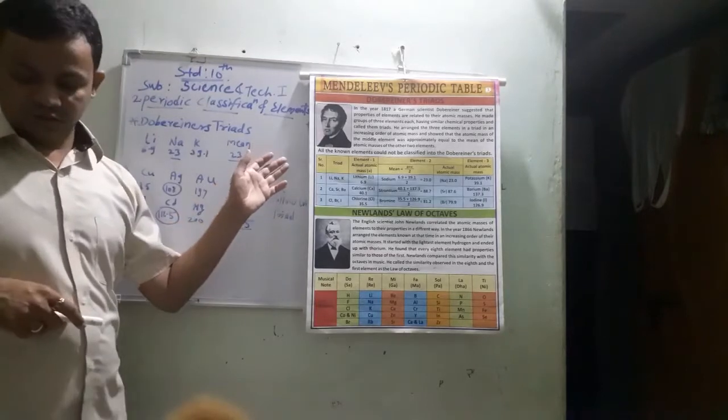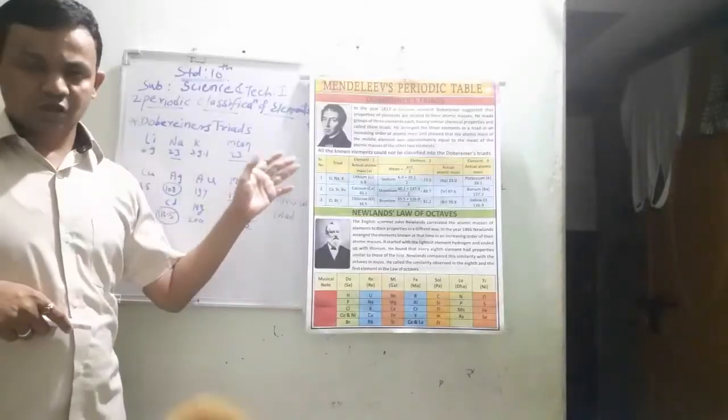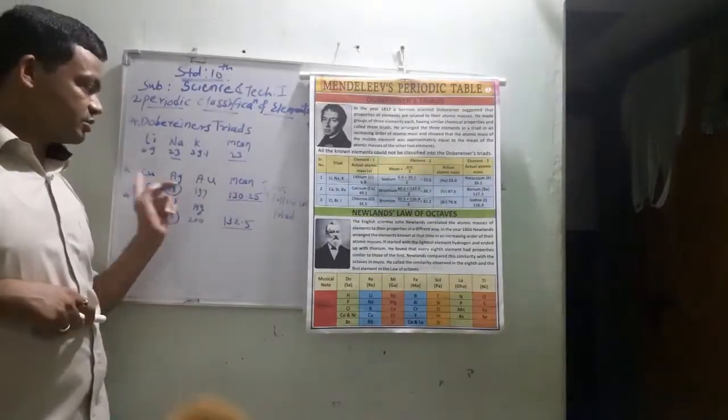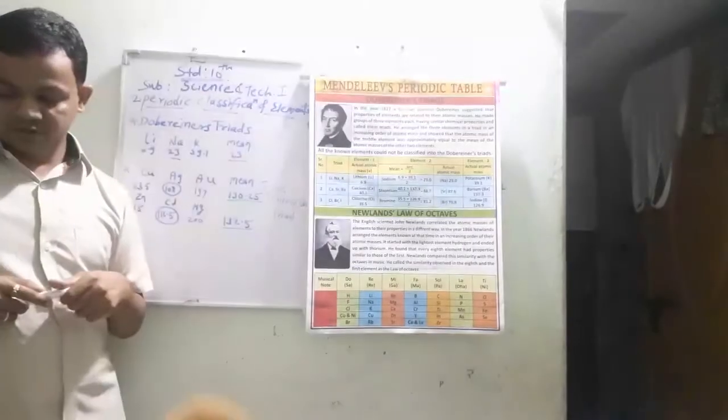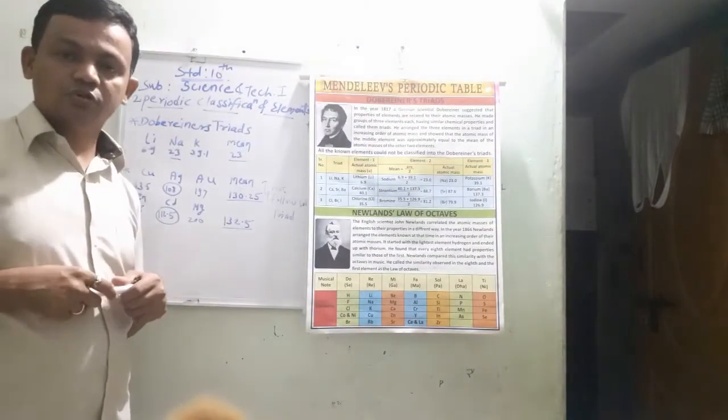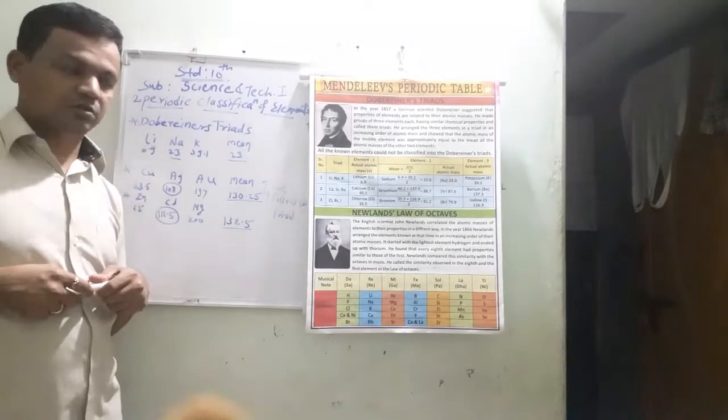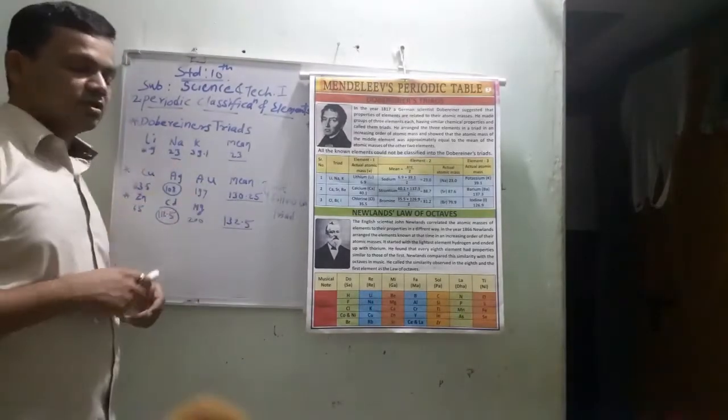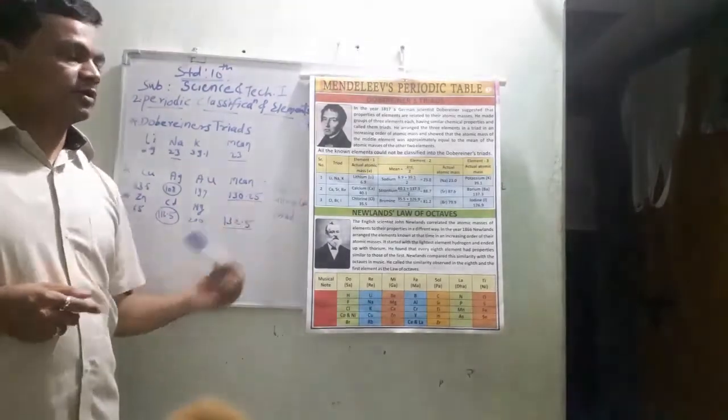And second, some of the triads did not follow the law of Dobereiner. So these are the drawbacks of Dobereiner's triad.